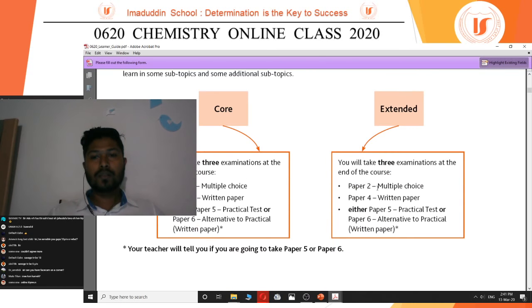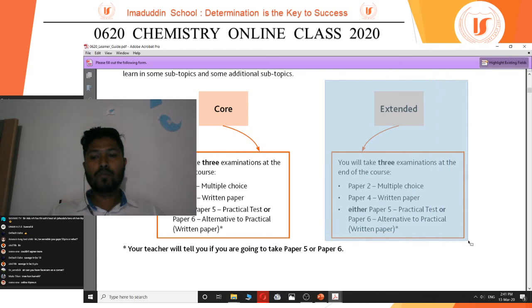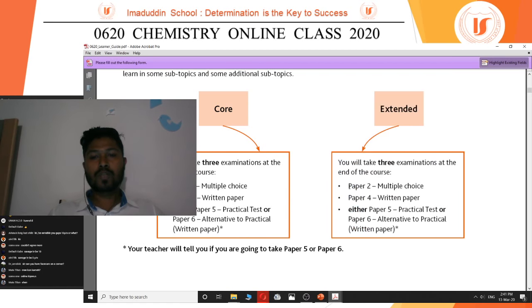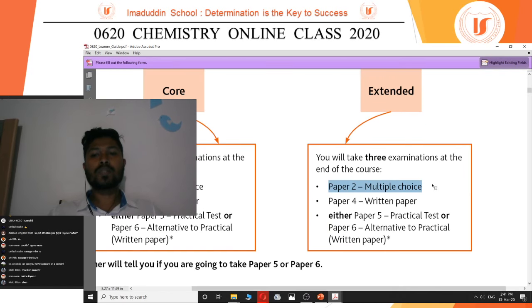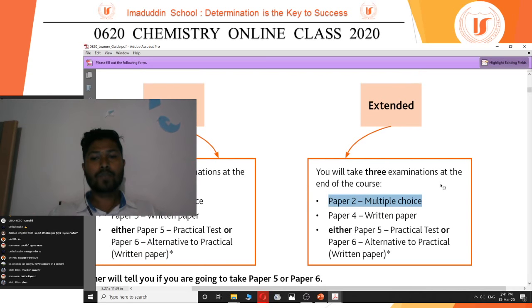So that means when you buy past papers and when you focus the content, you have to focus on the first thing, paper 2, that is multiple choice. So please note down this one.